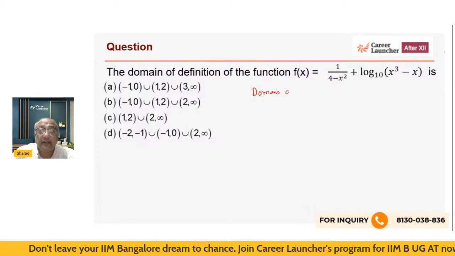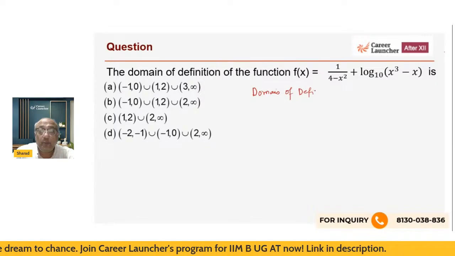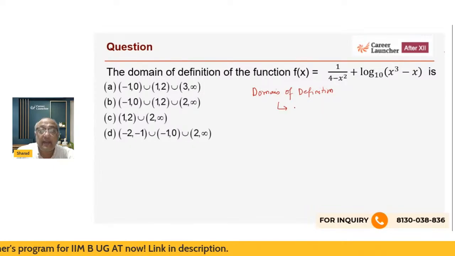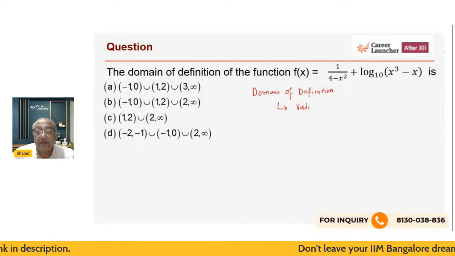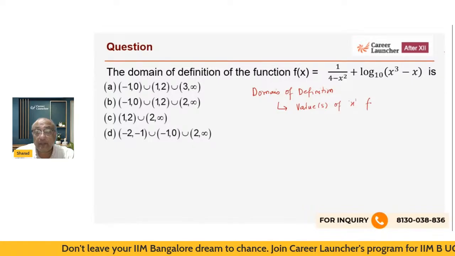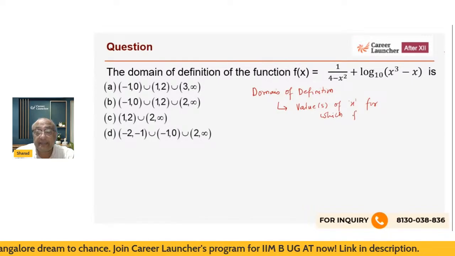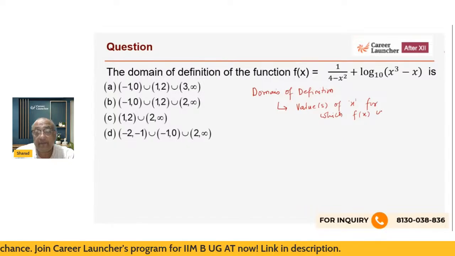Domain of definition. So what is domain of definition? Domain of definition of a function means values of x, because we are talking about a real function. The value set of x for which f of x is real and defined.